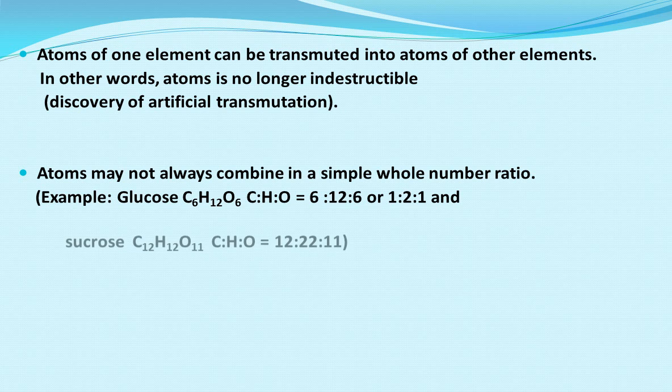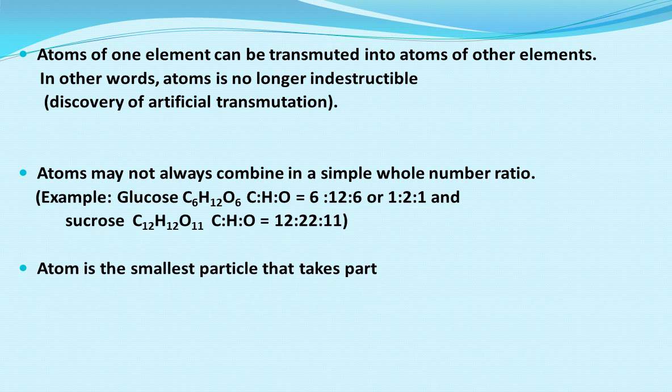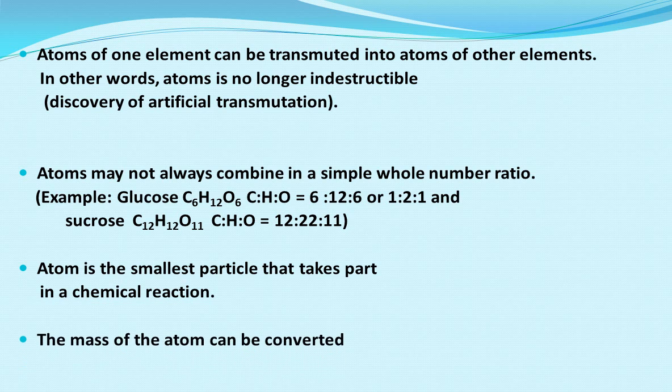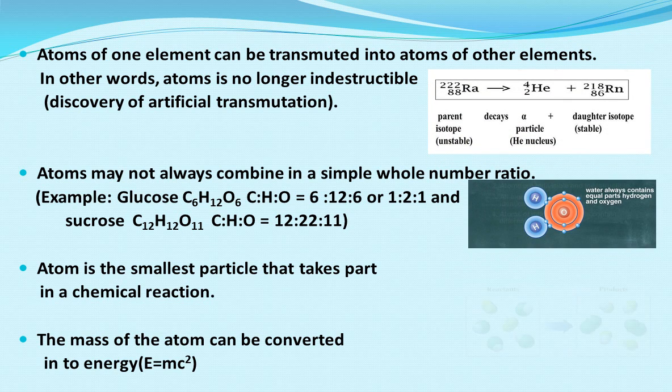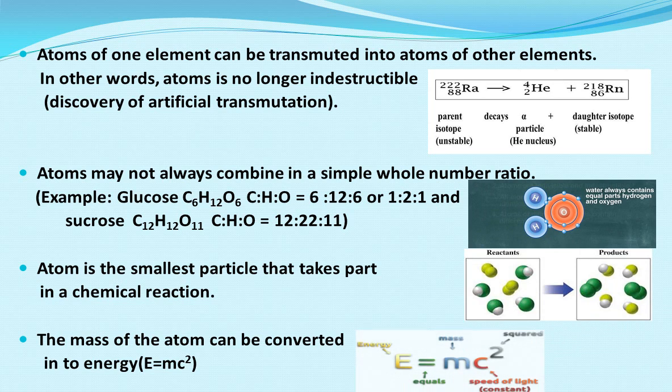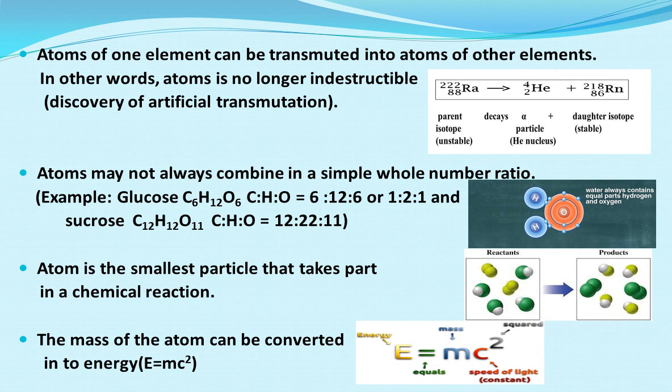The atom is the smallest particle that takes part in a chemical reaction. The mass of the atom can be converted into energy, that is Einstein's mass-energy equation, E equals mc squared. So these are all the main postulates of modern atomic theory.